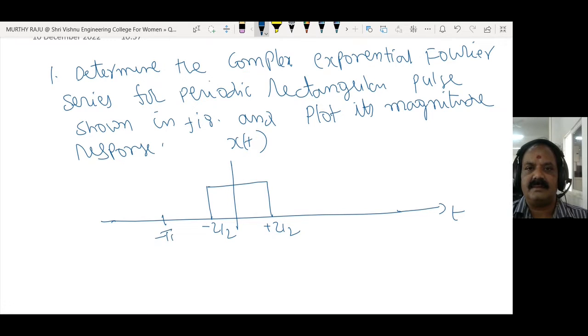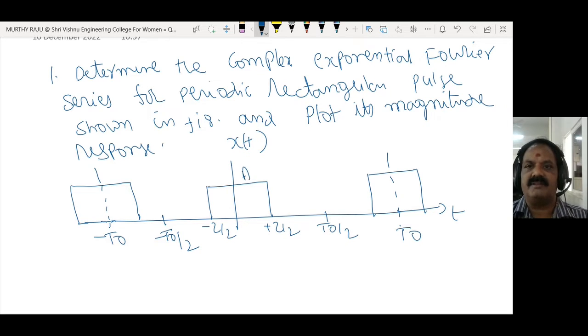Here minus T0 by 2, plus T0 by 2, T0, minus T0. The amplitude is A.